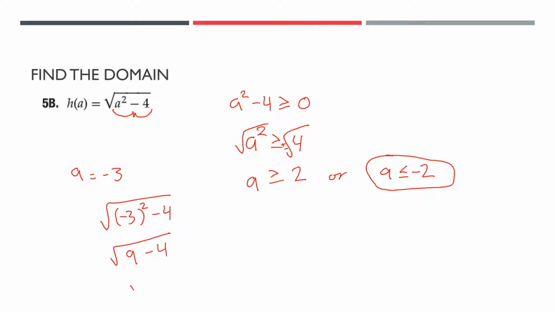That is the square root of 5. And the square root of 5 is defined. So we have both of these possibilities. Don't forget, when you add the square root, you have to have the plus or minus. And whenever you multiply by a negative, you switch the sign. So this negative switches the symbol.